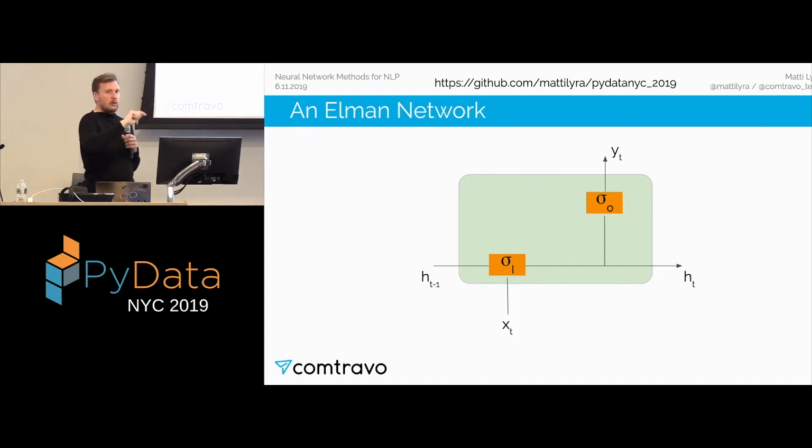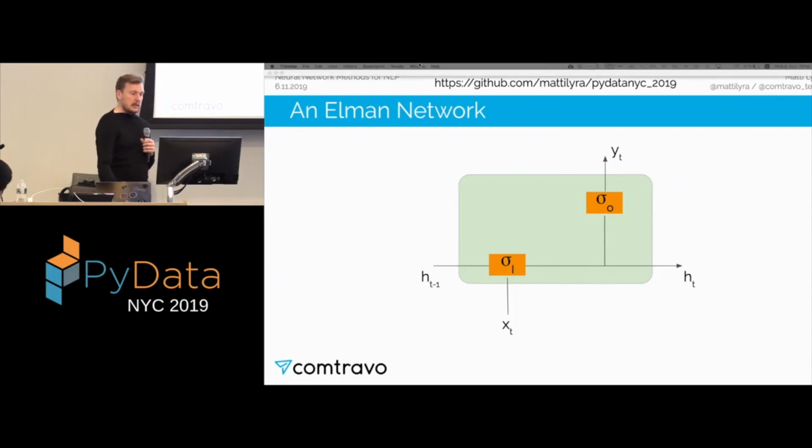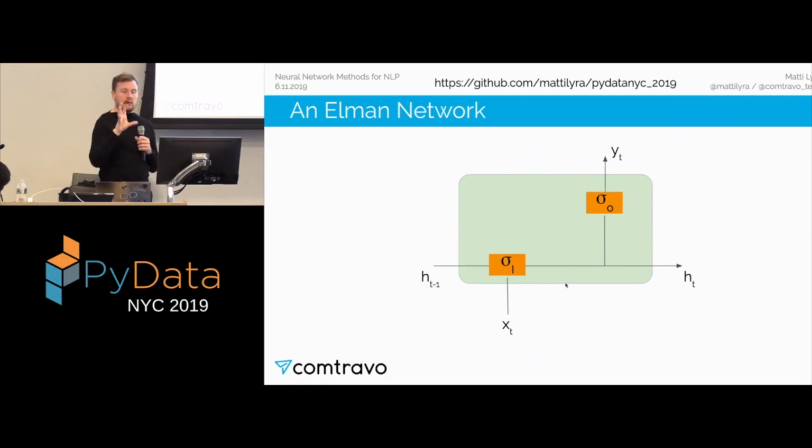You go through your input one item at a time, and the way this is done is usually through some kind of internal representation, or internal state, that the network maintains throughout the data processing.